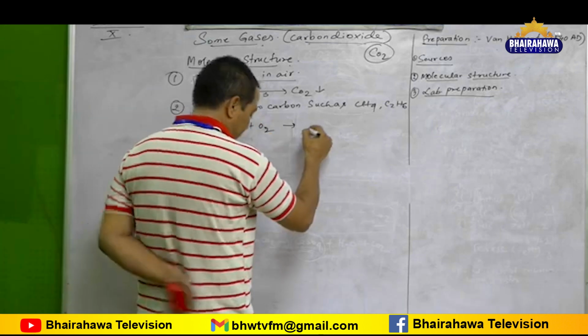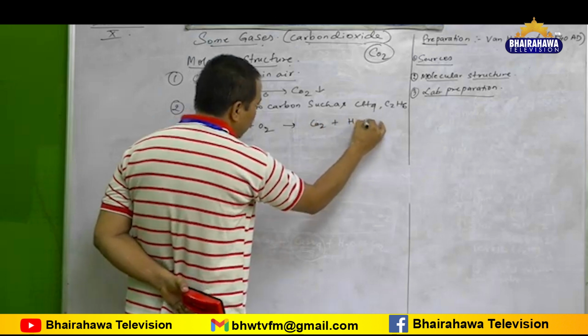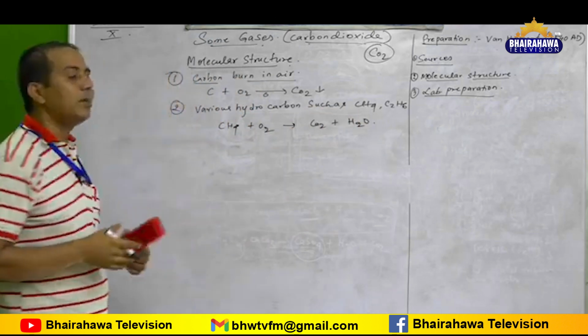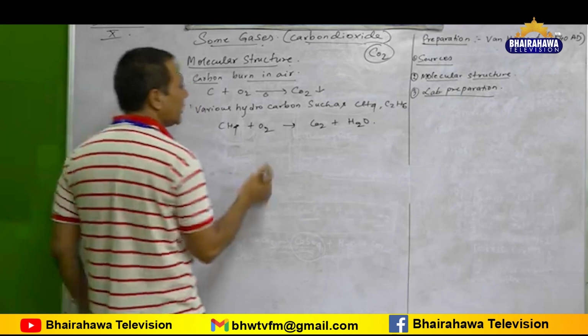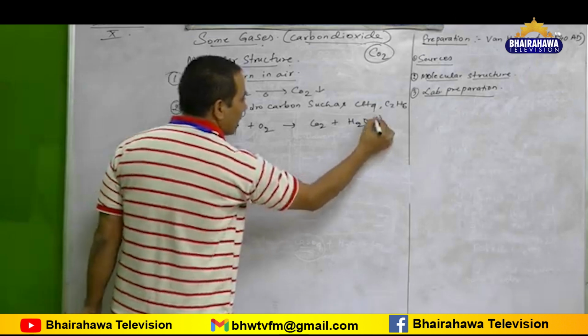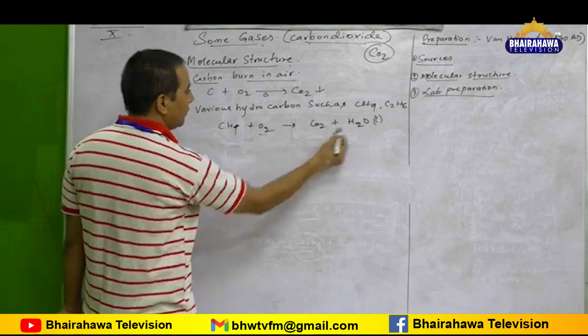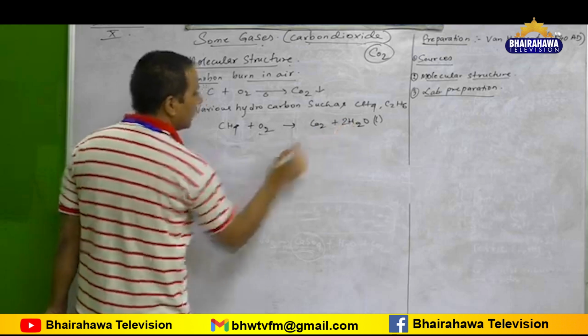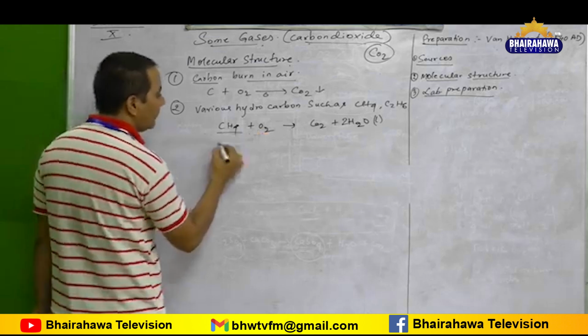It will form carbon dioxide and water. Or we can say that when methane burns in air, it gives carbon dioxide and water. Water is a liquid. So, oxygen 2, here 3. So, it is balanced now. This is the example of methane.